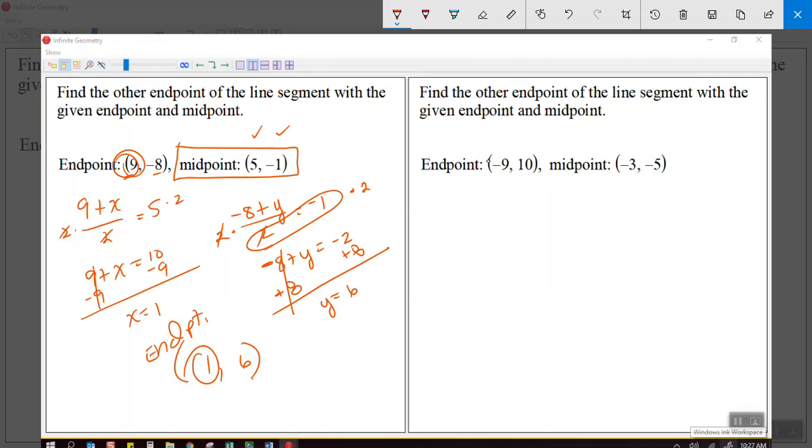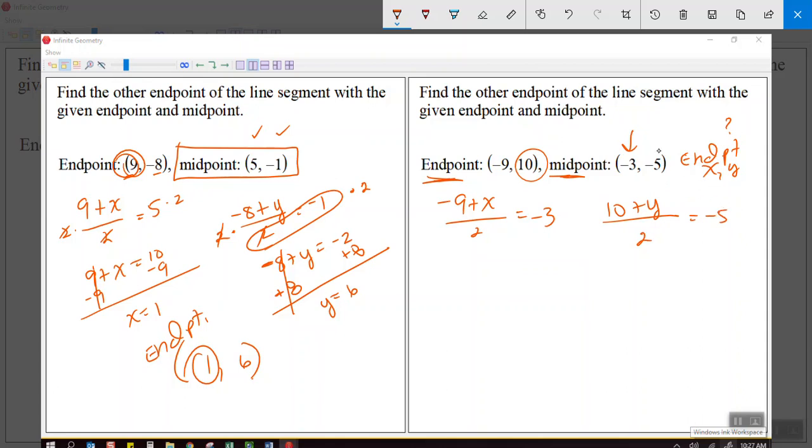Once again, this is an endpoint, that's the midpoint, and we're looking for the other endpoint. So that means that it was -9 plus some x value divided by 2 that gave us -3. And it was 10 plus some other y value divided by 2 that gave us that -5 right here.